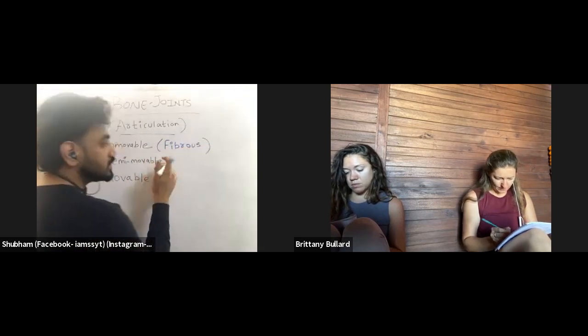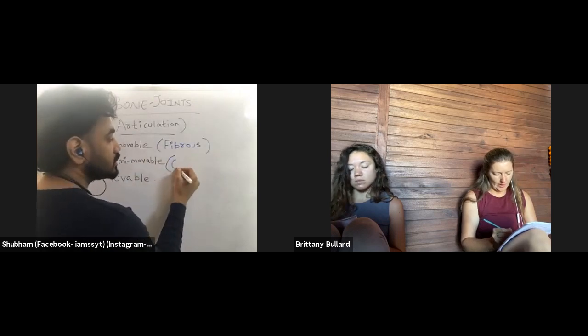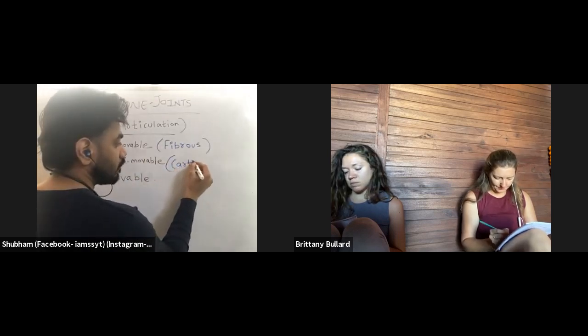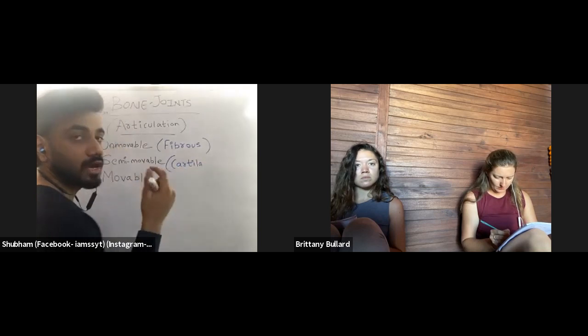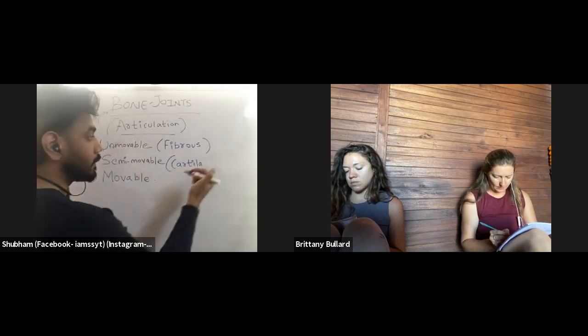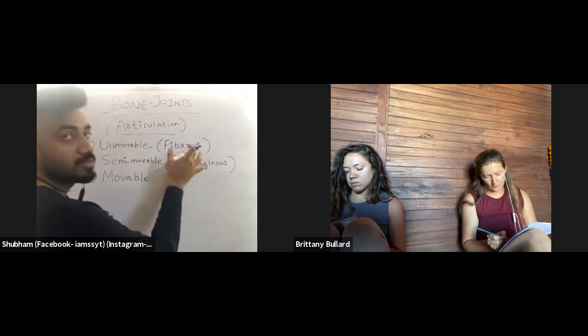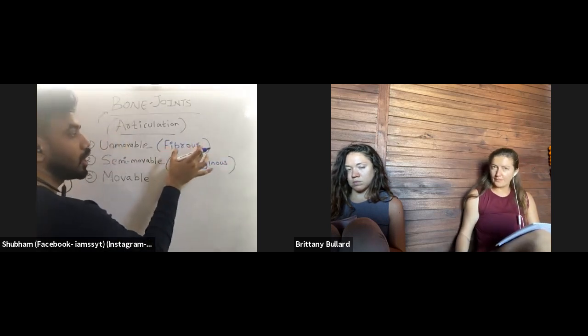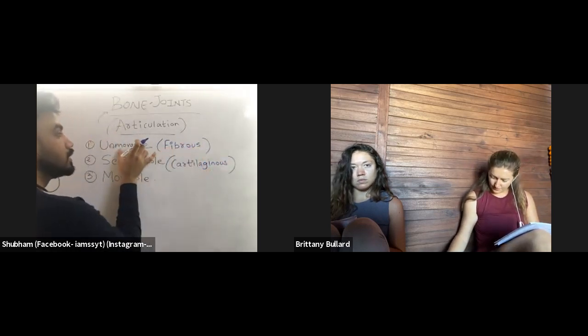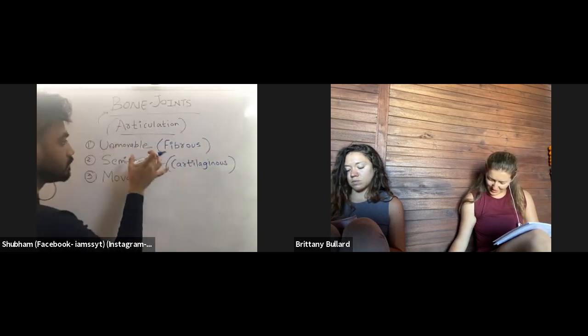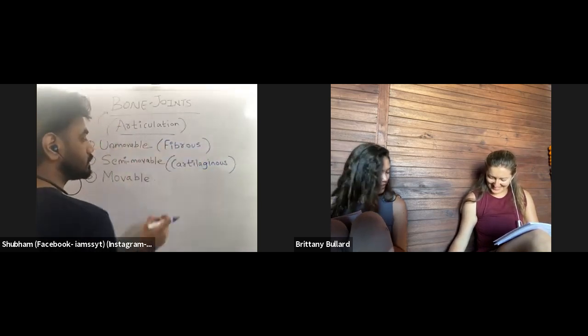Semi-movable bone joints are our cartilaginous bone joints. Cartilaginous means where our cartilage is present. Fibrous bone joints mean strong, firm, non-moving fibers, fixed joints.